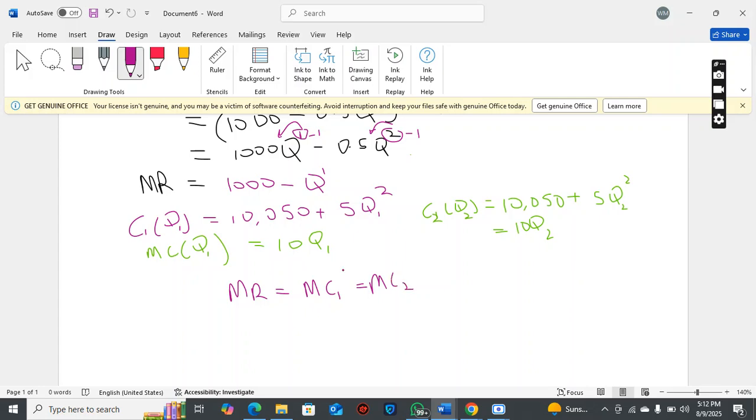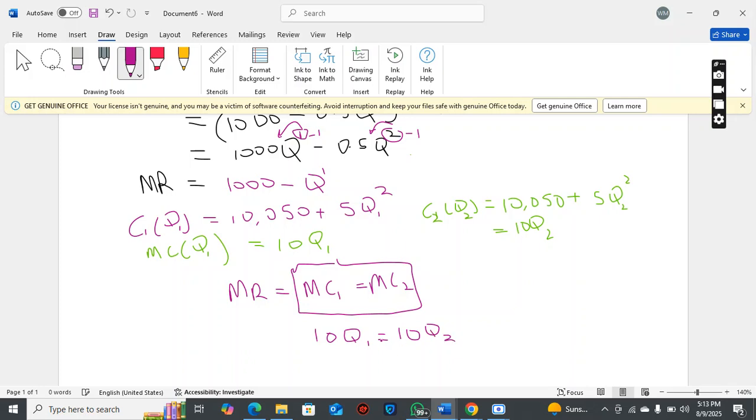Since we've got two marginal costs, the first thing we need to do is find the value of either Q1 or Q2 so that we can do some substitutions. So if we first equate the marginal costs, 10Q1 equals 10Q2.